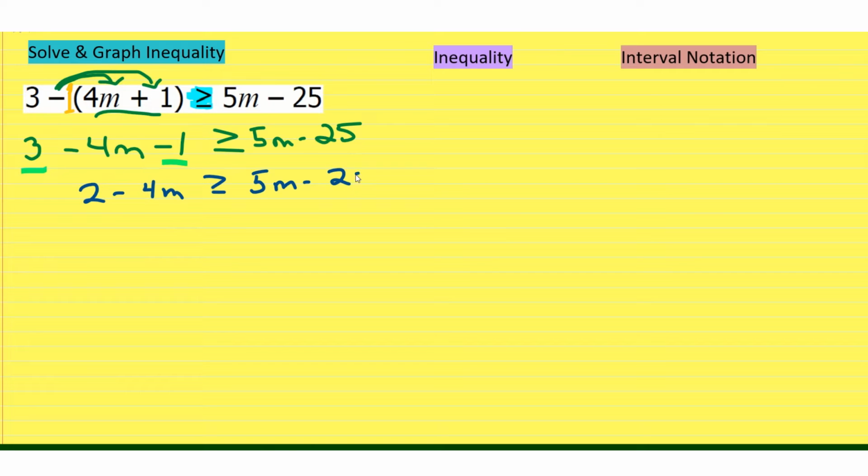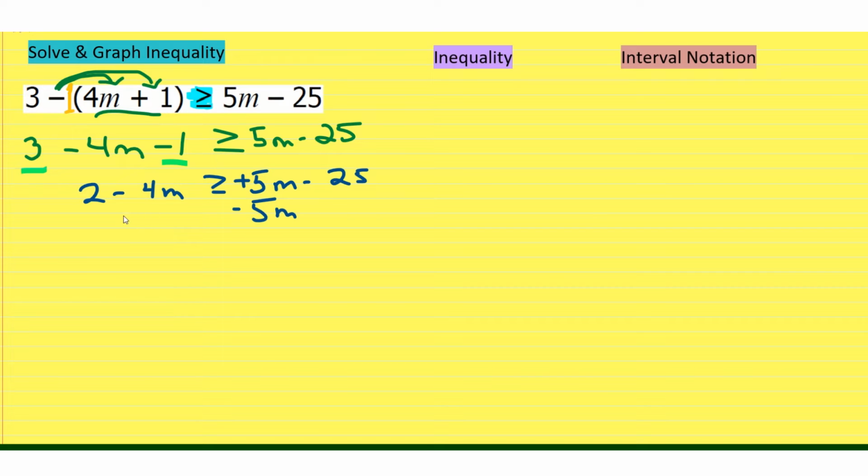I do not have any like terms on the right side of my inequality, so I need to go ahead and start moving things to the other side. Like I said, we still treat it as if the inequality sign is the equal sign. So how can I move the 5m to this side? Well, I can do minus 5m because there, of course, is an invisible plus sign in front there. And we undo addition with subtraction.